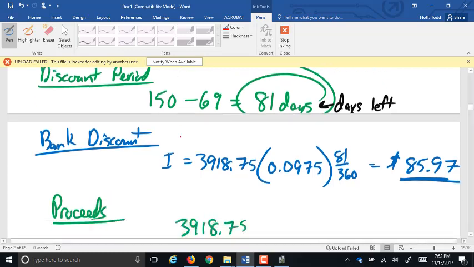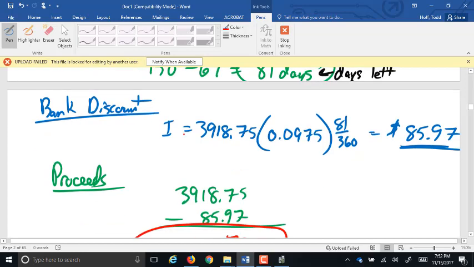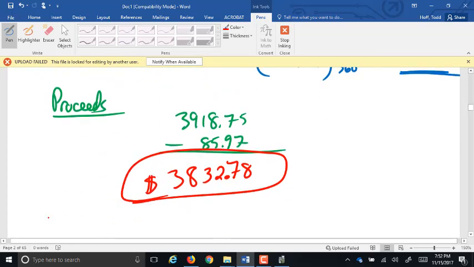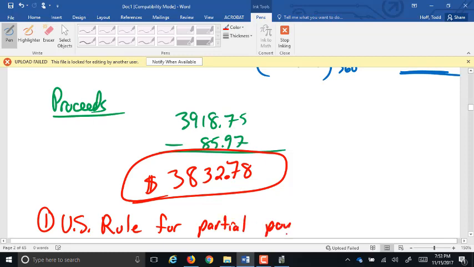There are three procedures that we have to know. One, the U.S. rule for partial payments on a note.